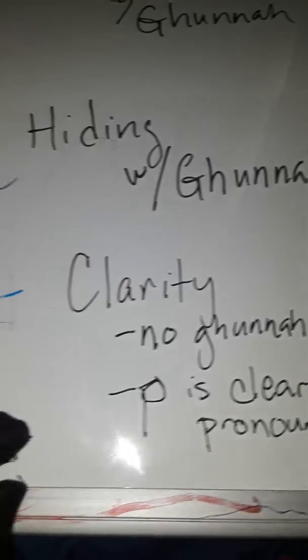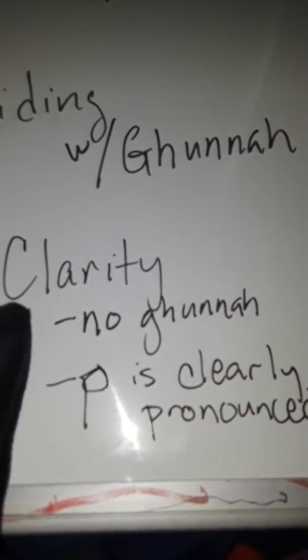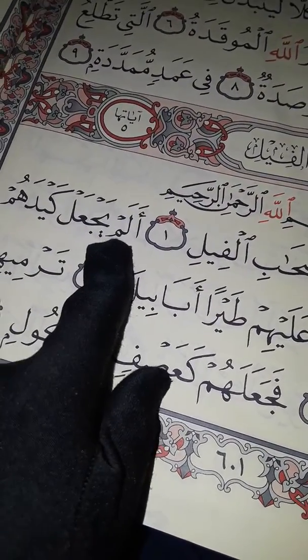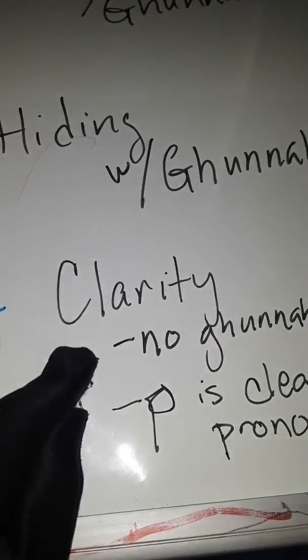And then the regular one is just the clear meme. When the meme has a visible sukoon on it, which looks like Pac-Man, like here, alam, there's no ghunna.